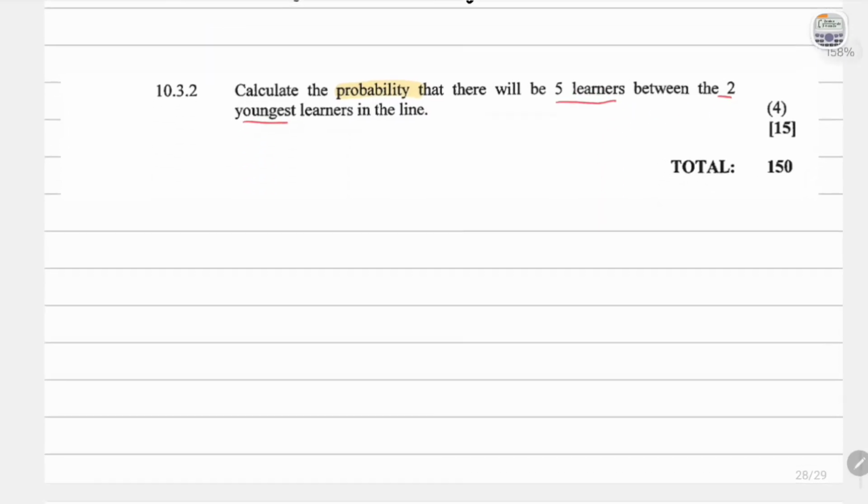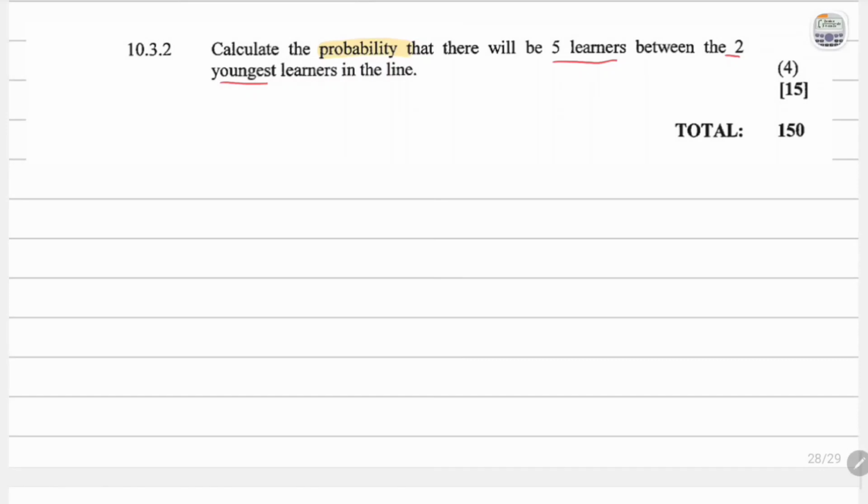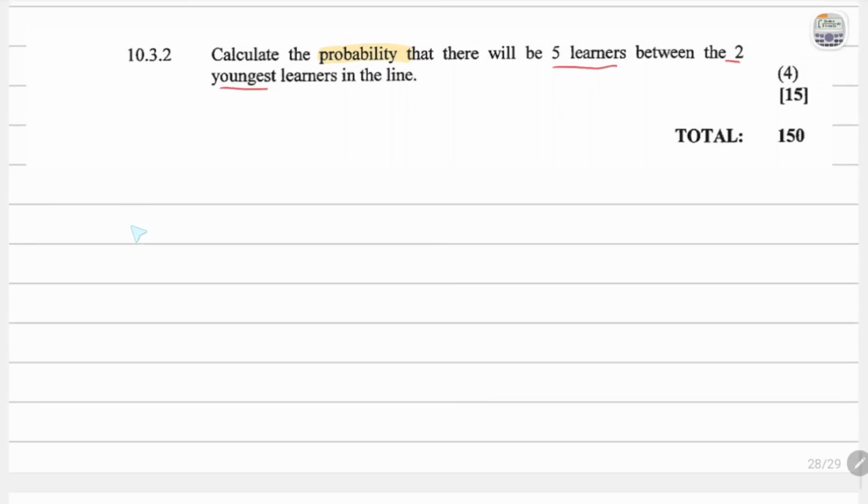Okay, so it means the 2 youngest learners are 2 specific people. And we can just look at the placements and how they can be standing. So youngest learner, we can call them youngest learner 1 and youngest learner 2. So youngest learner 1 could first be in the first position. Let's just remember that there are 10 places. So the first youngest learner could be in this first position.